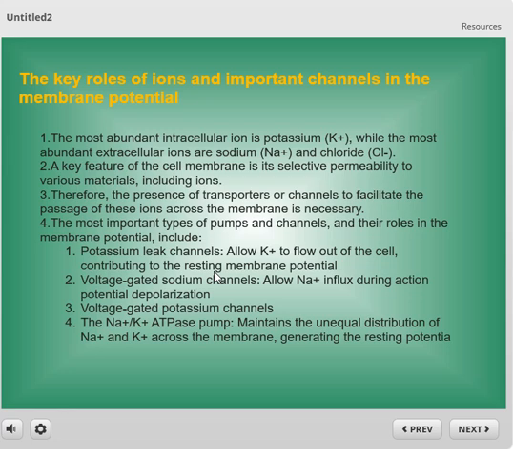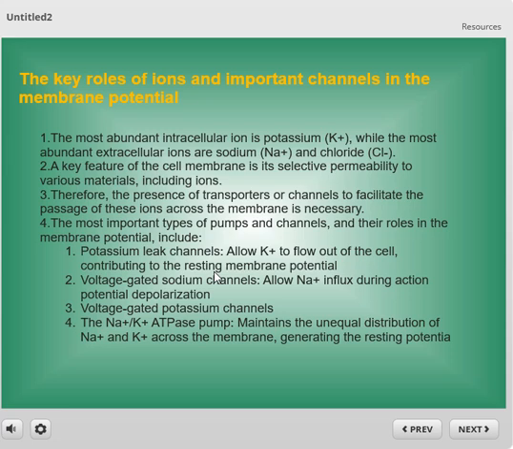The other important channels in the membrane potential are potassium leak channels. These channels are about 100 times more permeable to potassium than sodium, allowing potassium to constantly leak out of the cell.